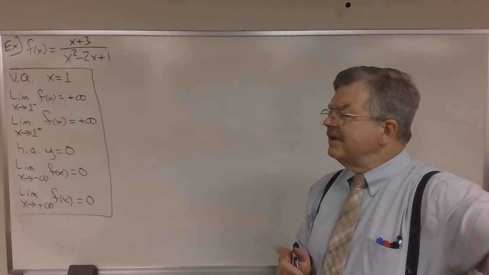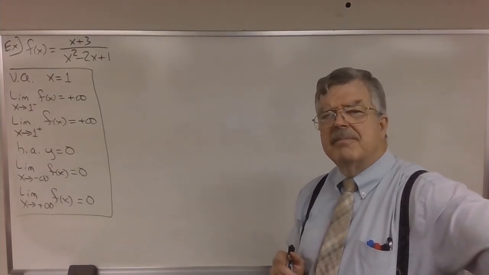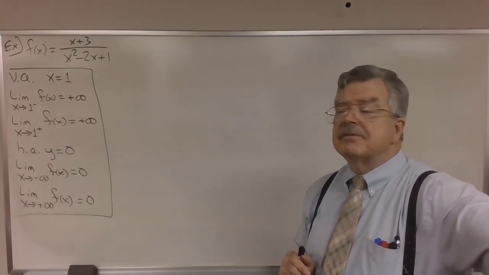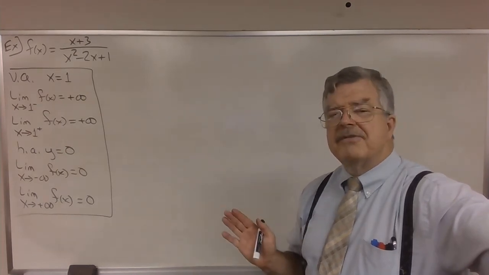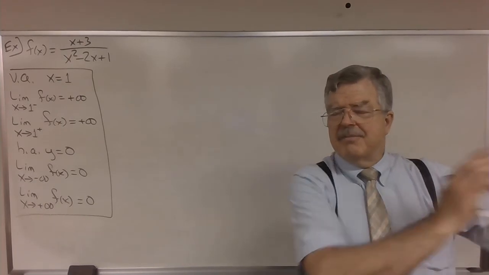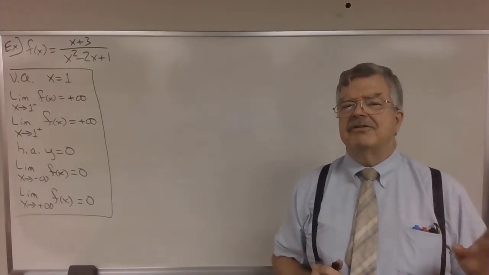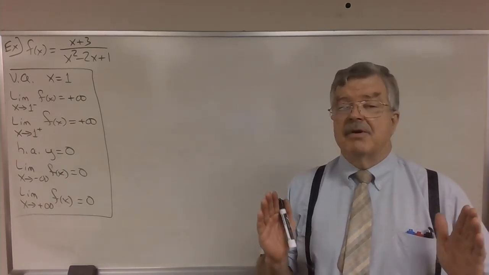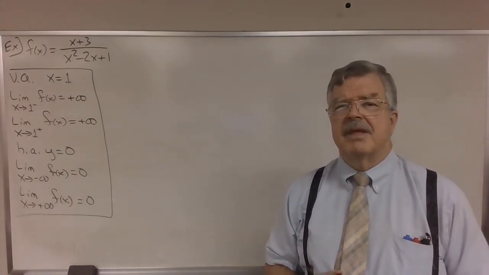But having the x-axis and the y-axis are not always the best frames of reference, because sometimes the most important features of a graph occur far away from the origin. And if we use the x and y axes as our frames of reference, we're just going to draw a picture of what the graph of f of x looks like close to the origin.